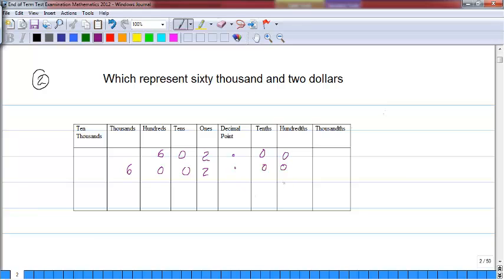For C, we have 0, 0, decimal point, 2, 0, 0, 0, 6. Now we have a set of 10,000. 6 tens would make 60. So this would be $60,002, 0 cents. This looks like our answer.